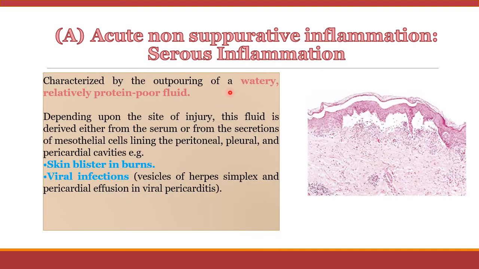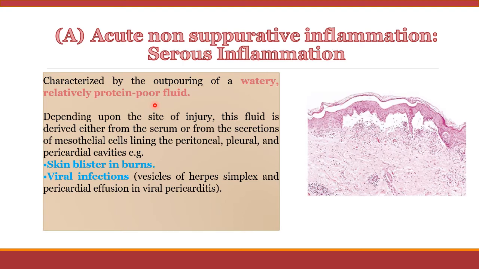Serous inflammation is characterized by forming watery, protein-poor fluid, relatively protein-poor, because in acute inflammation we have said before that the exudate is protein-rich, but in this type of inflammation the proteins are not so many. It's not too much content of protein. It's relatively protein-poor if we compare it to the other types of acute inflammation, and it's kind of watery inflammation.